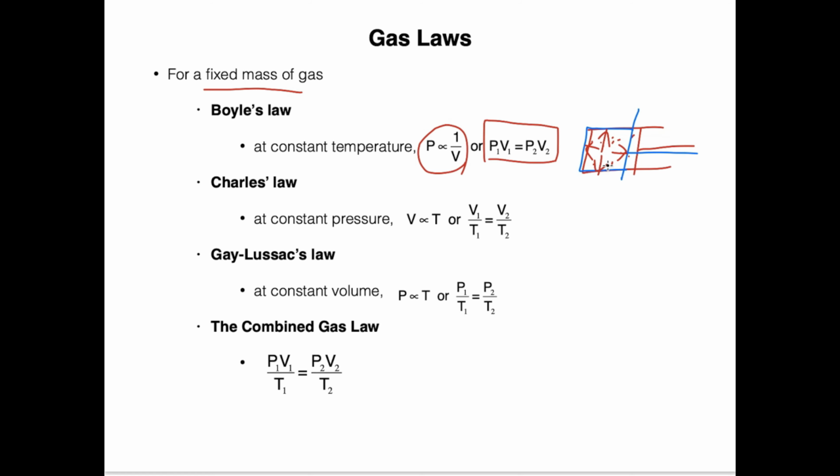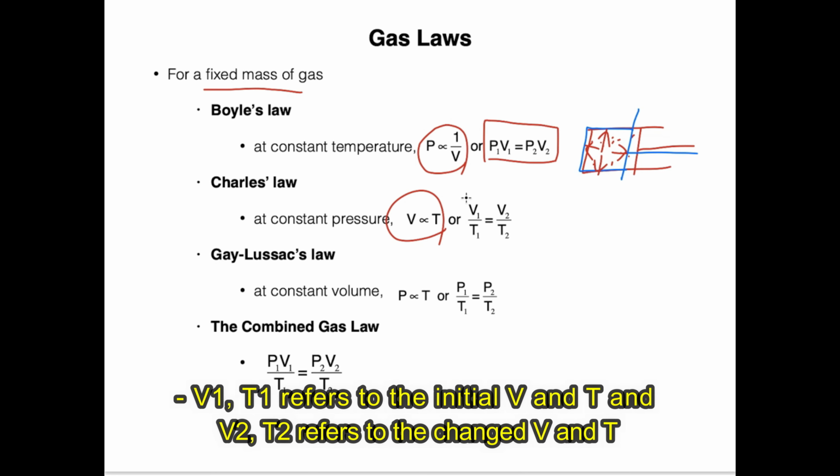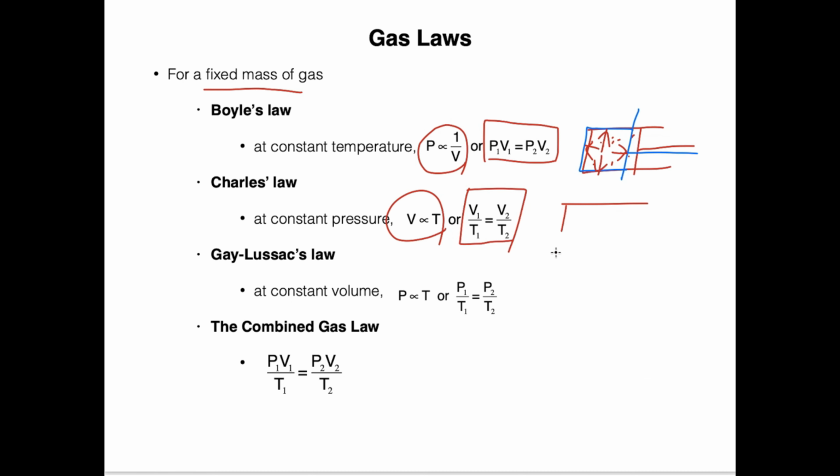Next, Charles' law states that at constant pressure, volume and temperature follow a proportional relationship. Under these conditions, if there is a change in either volume or temperature, this can be explained by the following equation. Again, let's visualize a gas piston. There are gas particles moving around the piston.